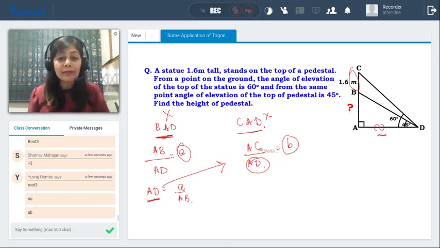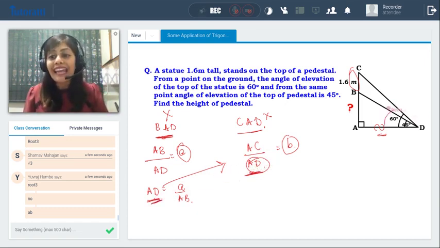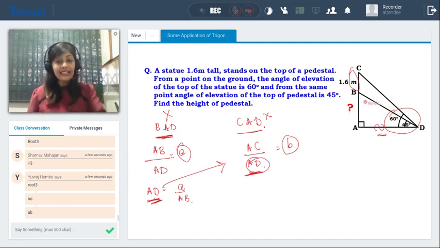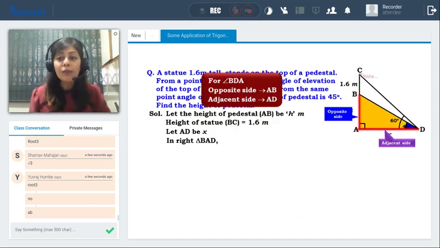When you do this, you get rid of the unknown quantity and you can equate the two ratios. That's exactly what we are going to do. So in this case, our common side will be used to find the unknown.